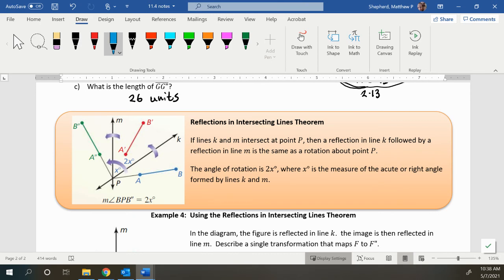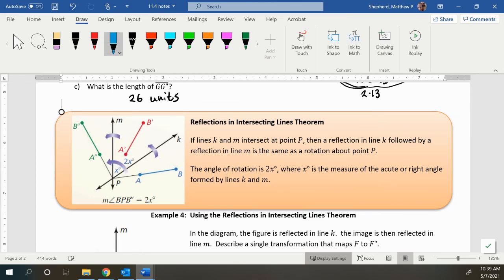The same way that the length in between the lines doubled to tell us the length of the translation, the angle in between these two lines, x, is going to help us to know what the angle of rotation is, which is going to be double once again. It's going to be 2x.